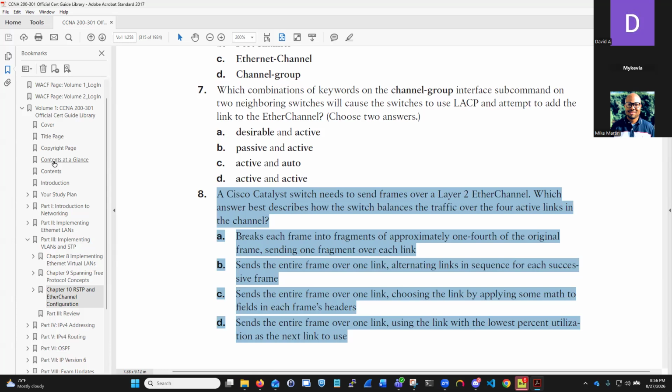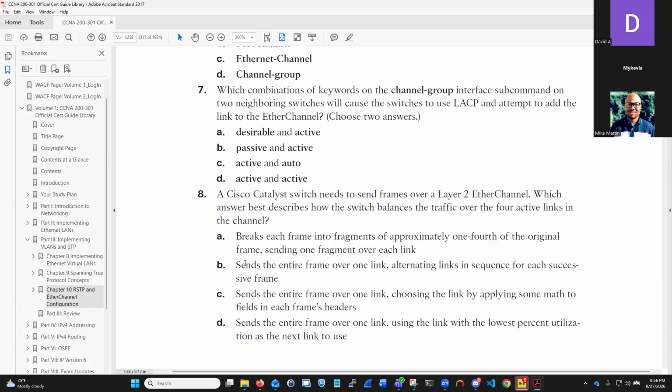B. You said B. Okay, all right, so let's read this out. B sends the entire frame over one link, alternating links in sequence for successive frames.